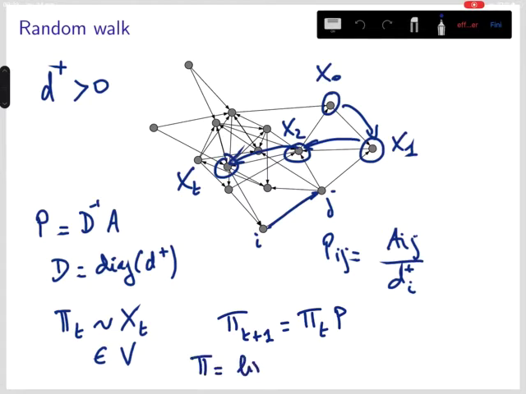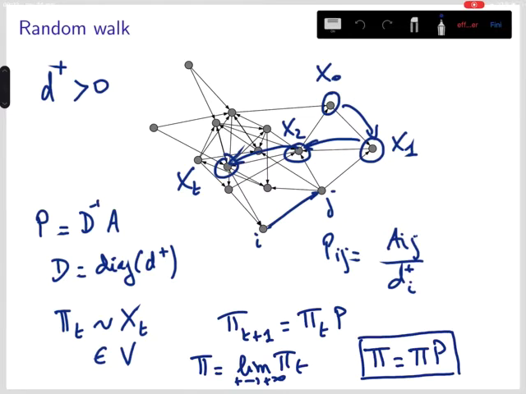So let pi be the limit of pi t when t is large. This is actually the unique solution to the balance equation. The only condition is that your graph must be strongly connected and aperiodic, in the sense that the greatest common divisor of cycles is equal to 1. Under these conditions, you get a unique solution, and this is the limit of pi t.